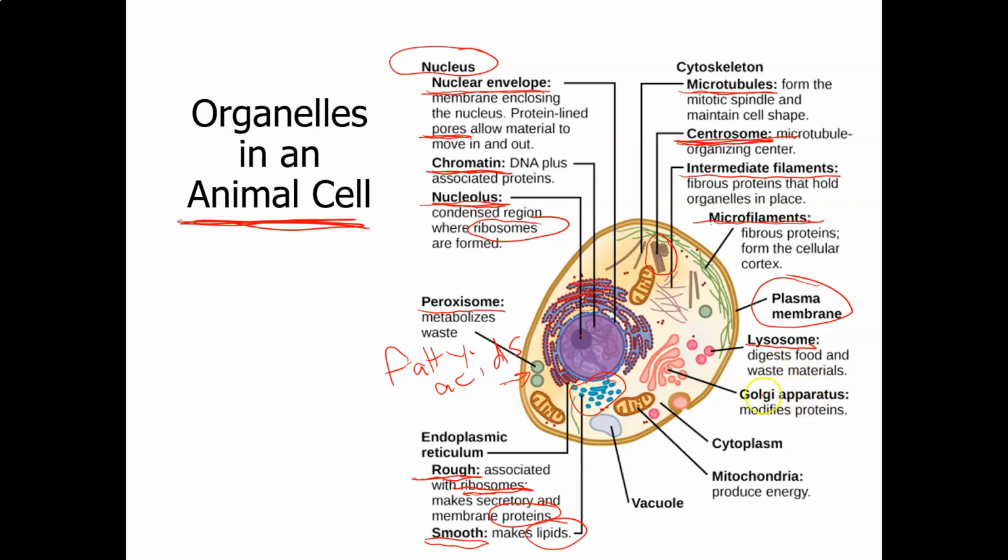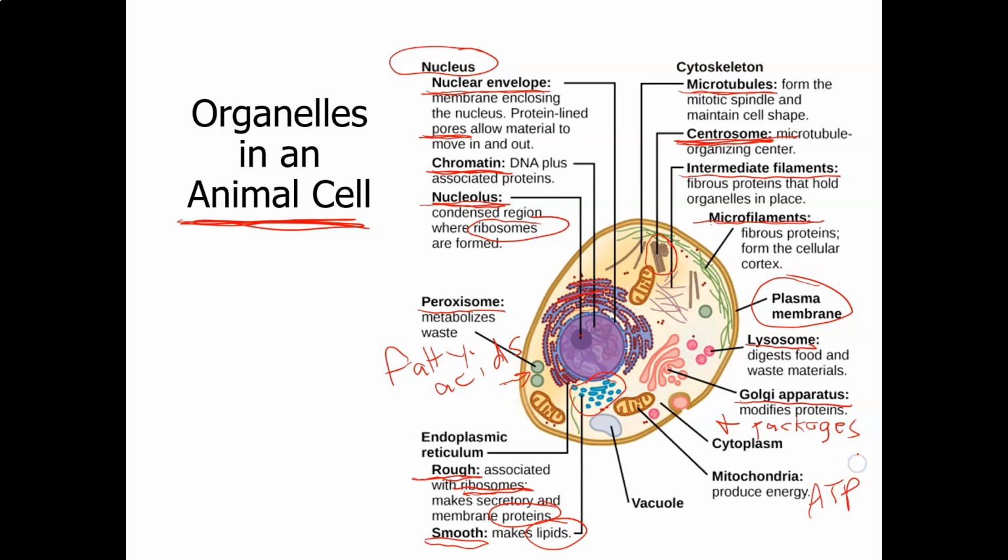The Golgi apparatus modifies and packages proteins and other molecules that are produced by the endoplasmic reticulum. The cytoplasm is everything inside the cell besides the nucleus, and the mitochondria produces energy in the form of ATP.